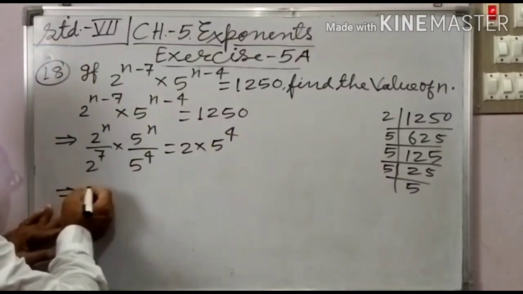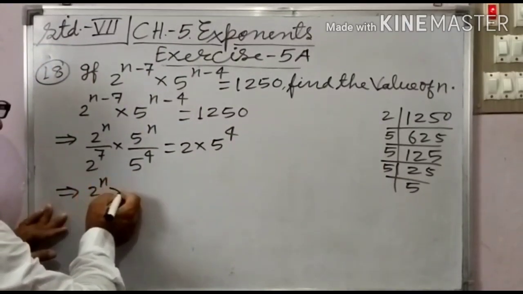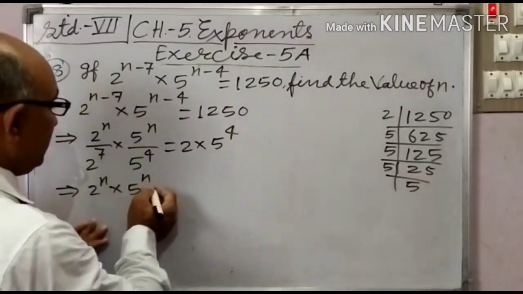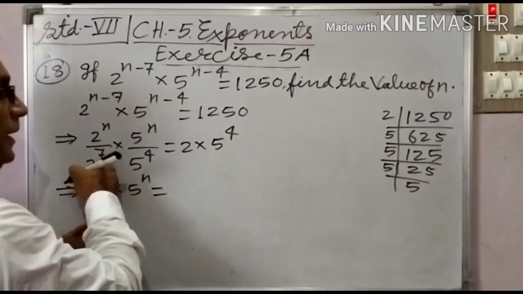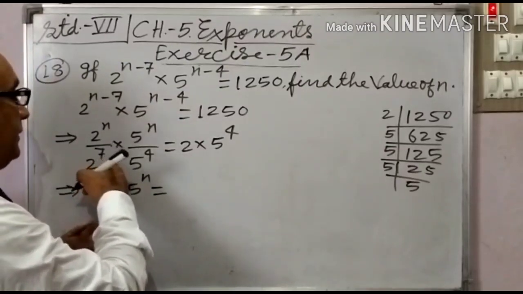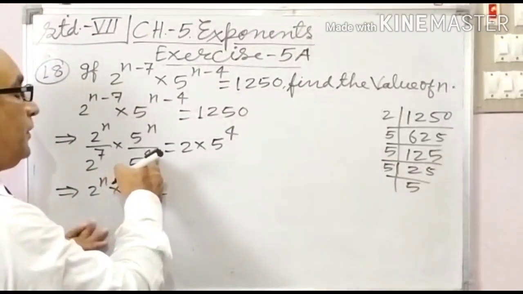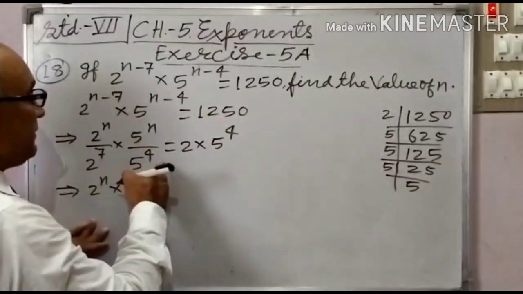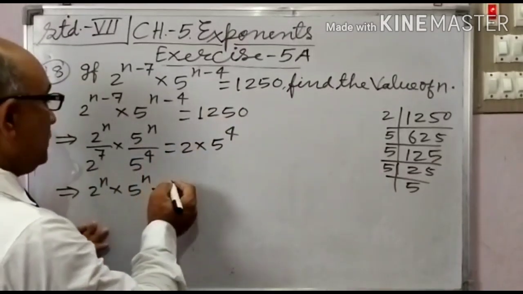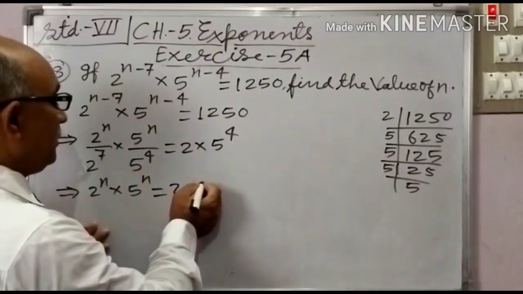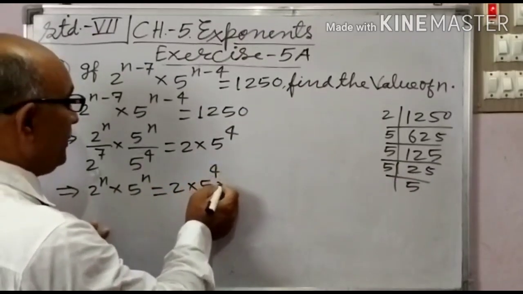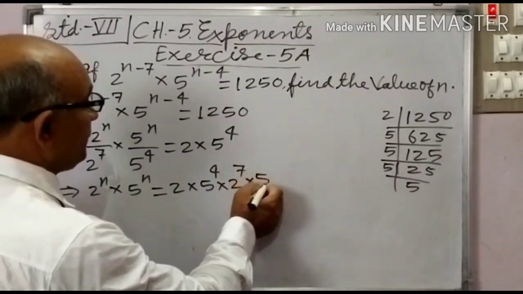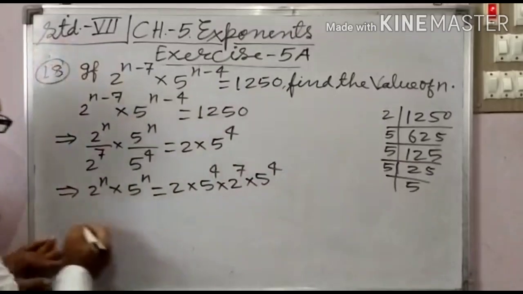That implies 2 to the power n into 5 to the power n equal to 2 to the power 7, divide here, and 5 to the power 4 also divide here. By transposition they are changed in multiply. So 2 into 5 to the power 4 into 2 to the power 7 into 5 to the power 4.